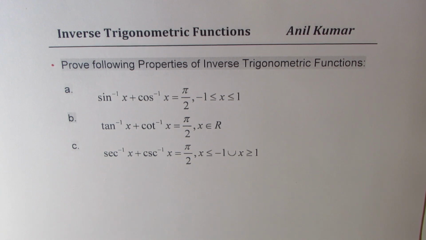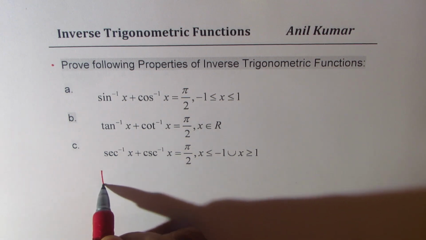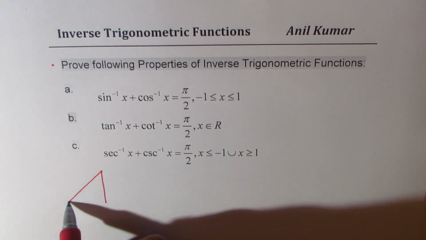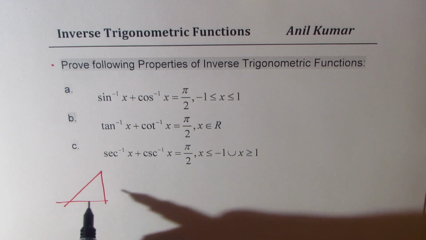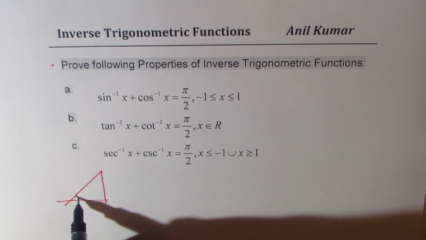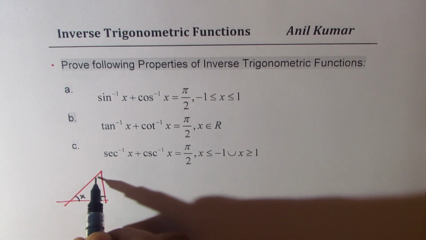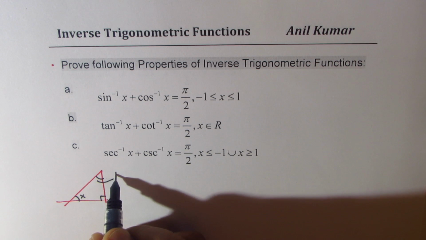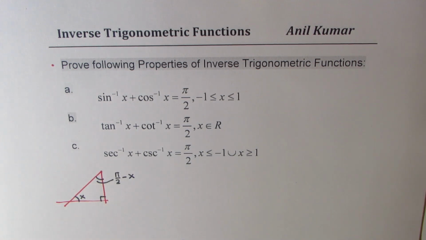Now, how do we get these properties? Well, we'll use two particular things. One is co-function identities. Let me just show you with the help of a right triangle. So let us say that we have a triangle here where one of the angles is x. Since this is pi by 2, the other angle here will be pi by 2 minus x, correct?